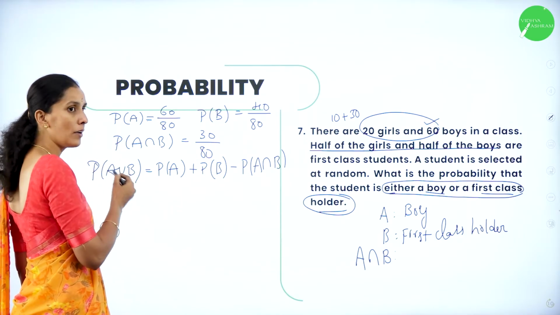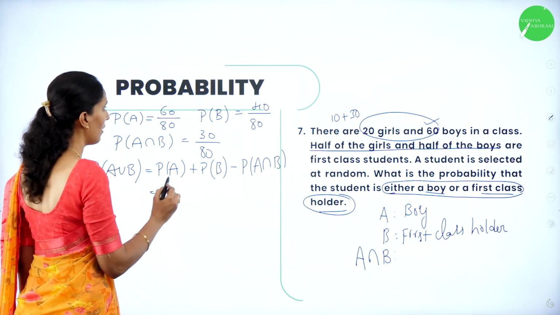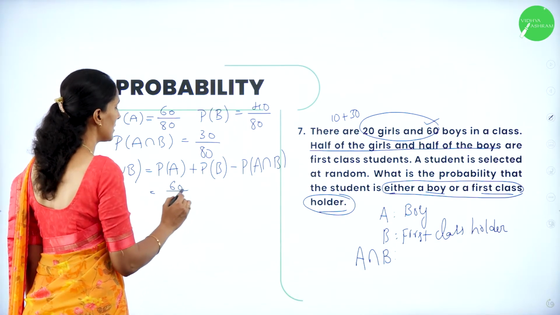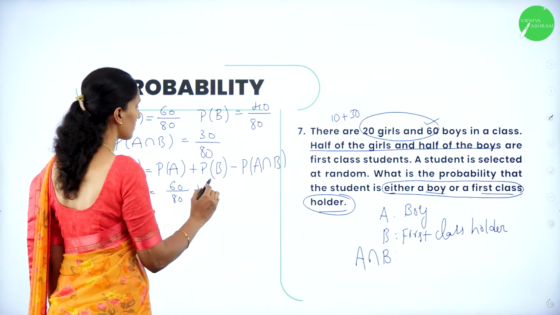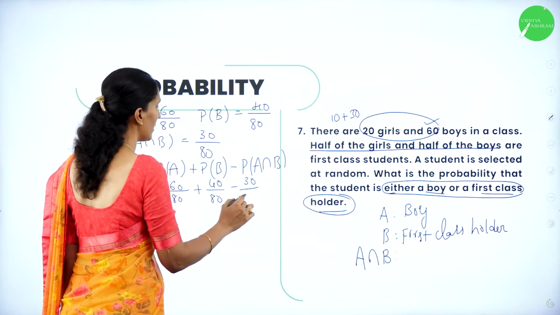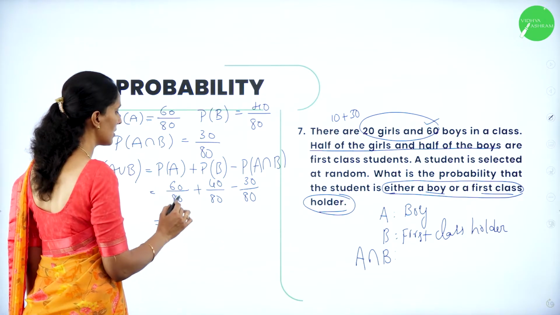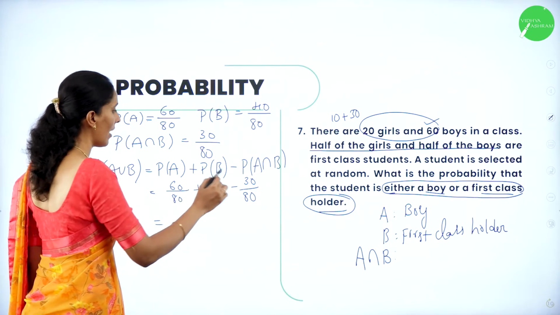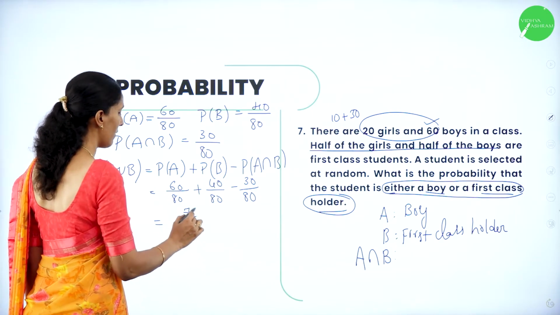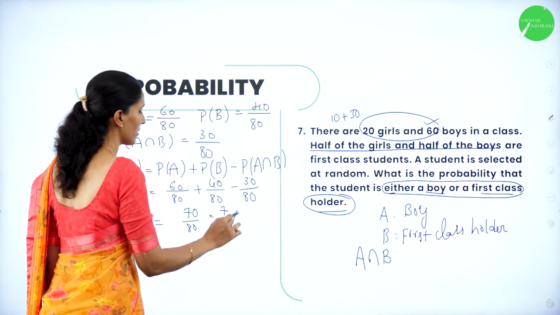So this is the probability of choosing a boy or first class holder. Therefore it is 60 by 80, 40 by 80, 30 by 80. That is 60 plus 40, 100. 100 minus 30 is 70 by 80, which is equal to 7 by 8.